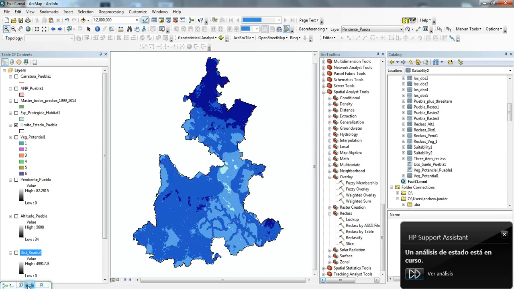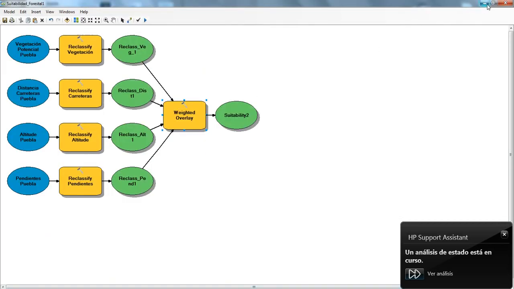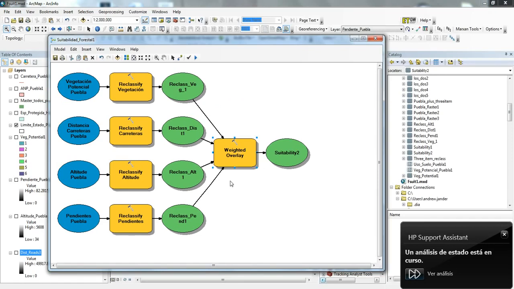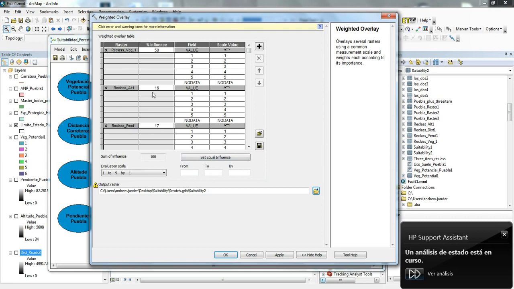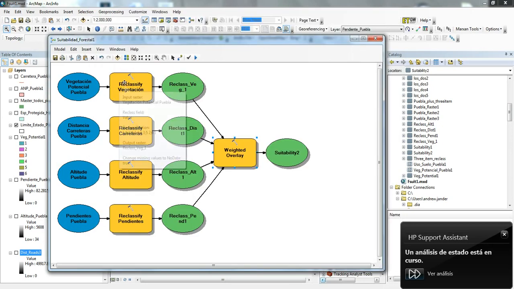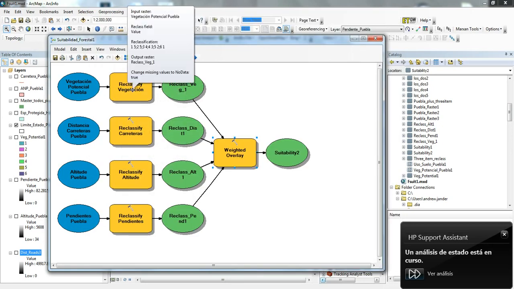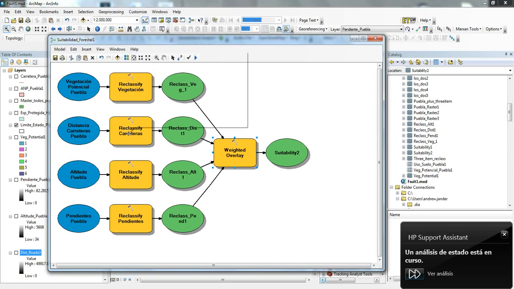And so we can play around inside the weighted overlay tool. We can play around with changing around some of the percent influences. And we can also change within the reclassification. We can go in and change the different values.